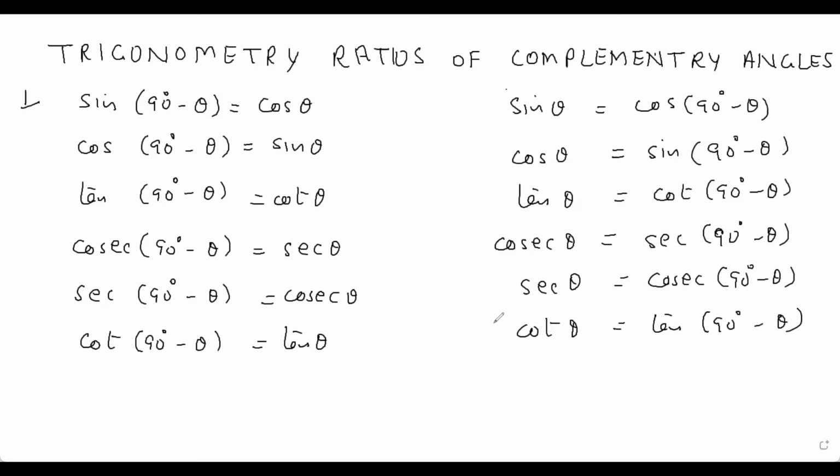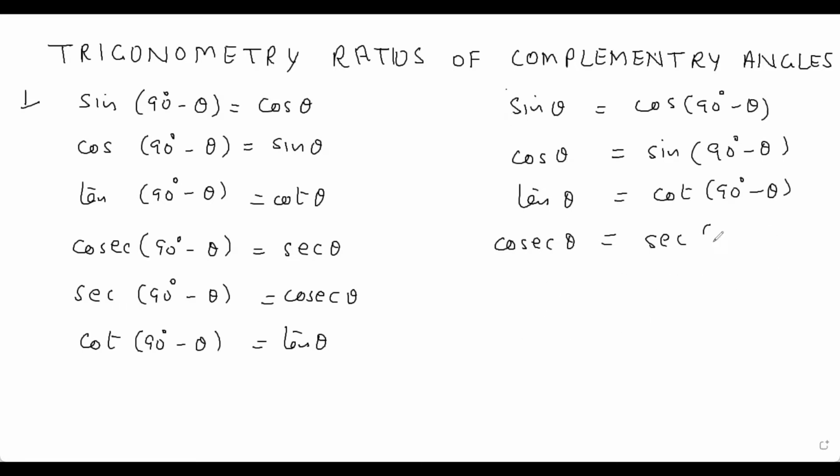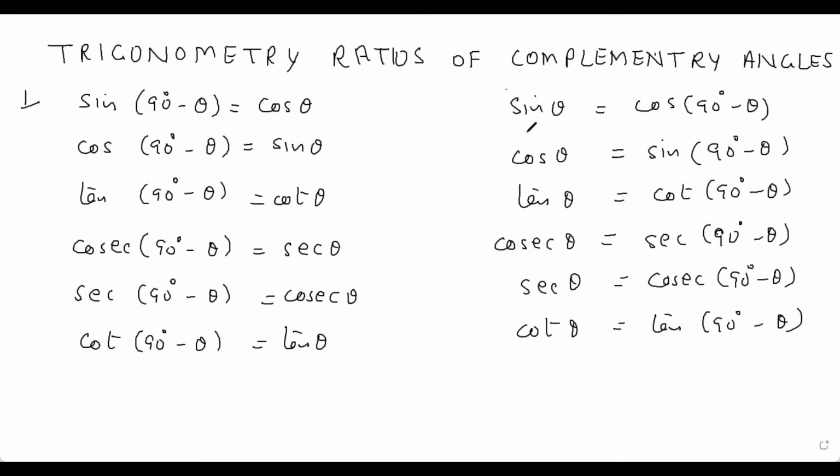This is one and the same thing. If the question demands, we write sin theta as cos (90 degrees minus theta), cos theta as sin (90 degrees minus theta), tan theta as cot (90 degrees minus theta), cosec theta as sec (90 degrees minus theta), sec theta as cosec (90 degrees minus theta), cot theta as tan (90 degrees minus theta).